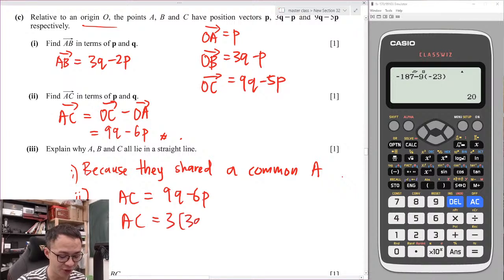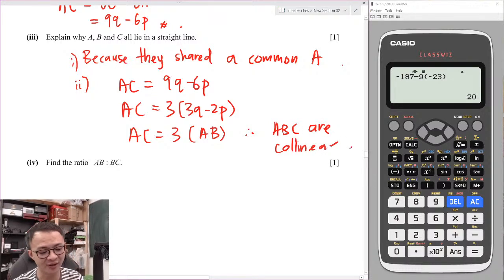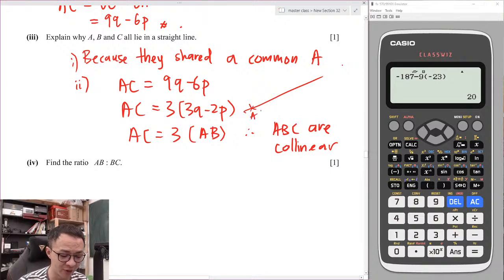You get 3 times 3Q minus 2P. Then AC is equal to 3AB, isn't it? So therefore, ABC are collinear. Anything that makes sense to show that they are on the same line works. We call it collinear.